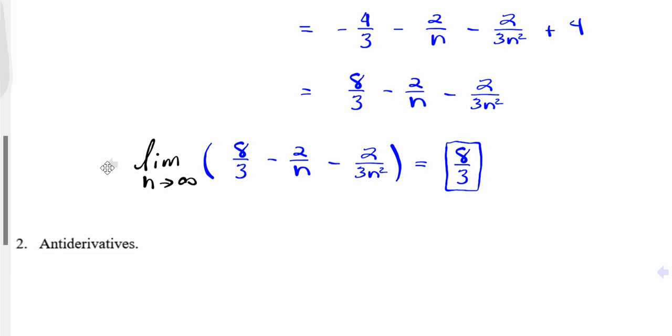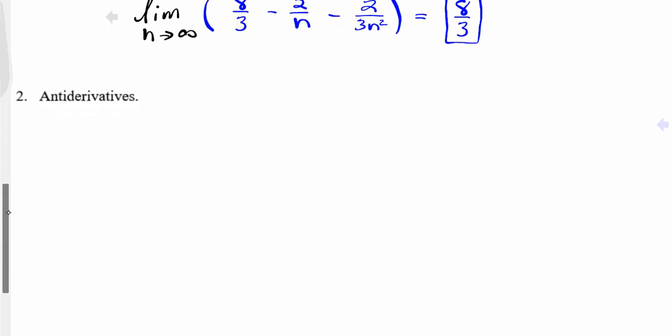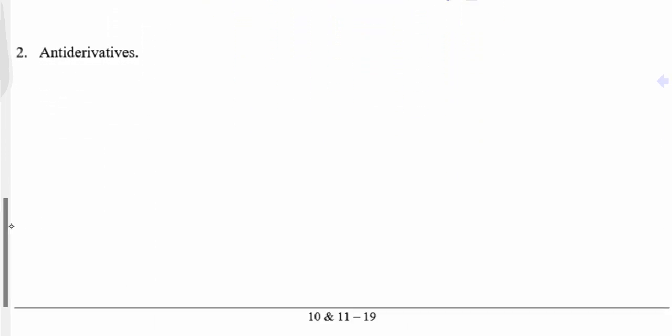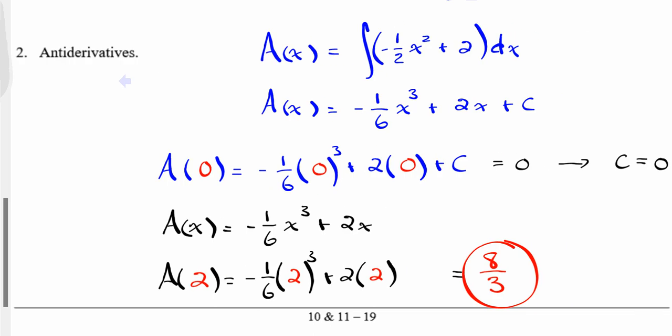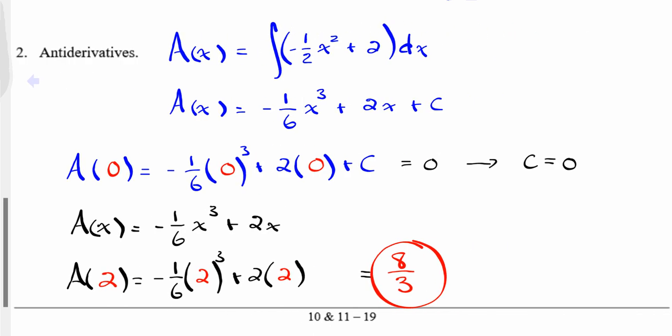Anybody have any questions? Okay, then yesterday we looked at antiderivatives. And so what we did was we said our area function is the integral of the function we were given, found the antiderivative, plugged in 0 for a, because since we're going from 0 to 2, the area at 0 has to be 0.